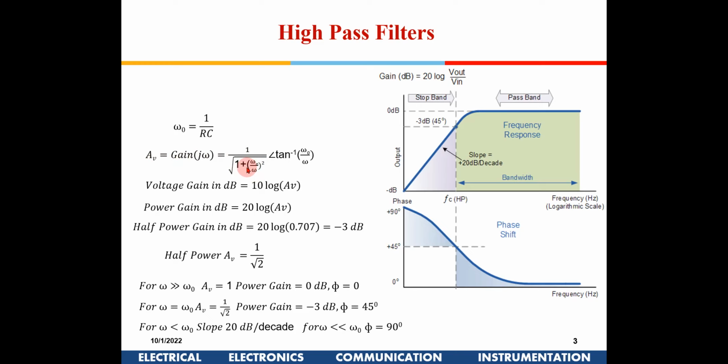The magnitude of the voltage gain becomes 1 by root 2, and the power becomes half of that, because power is V squared by R, right? So if the voltage becomes 1 by root 2, the power becomes half. That is the significance of omega 0 equal to 1 by RC. At this particular frequency, the power becomes half.